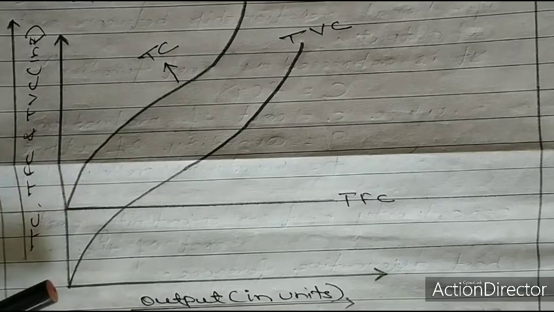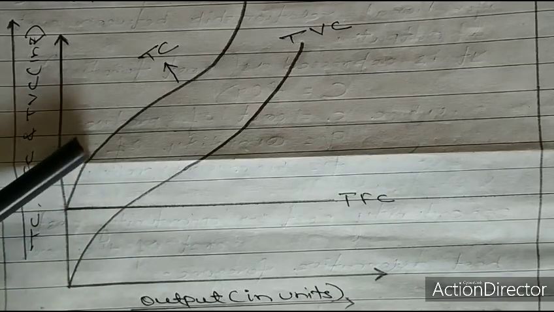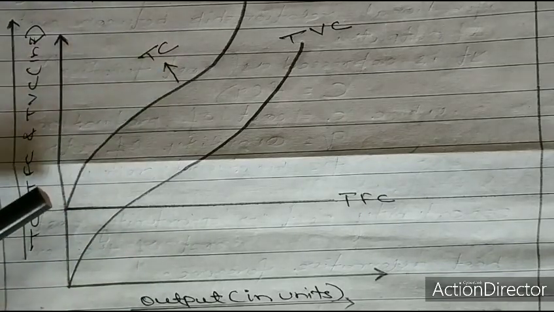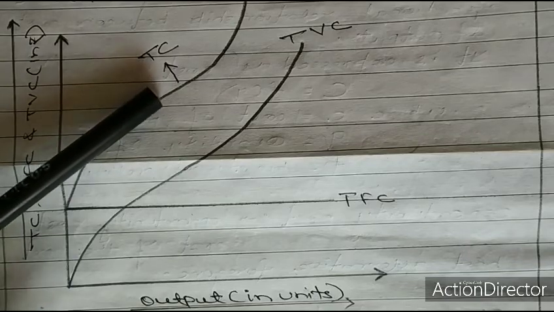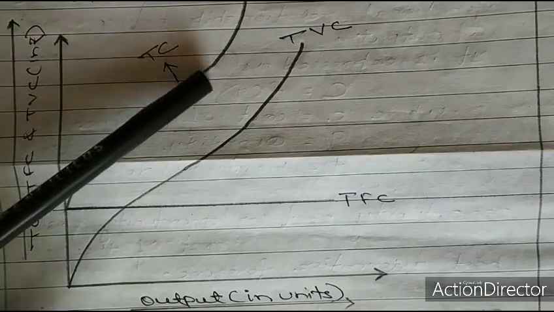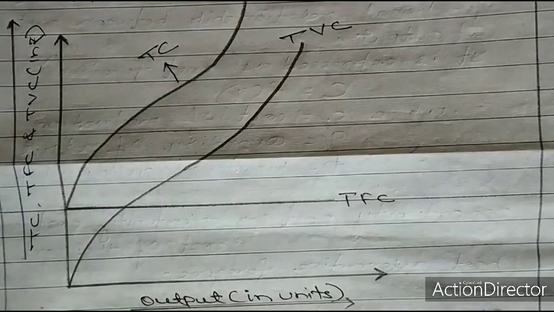As you increase the output level, total cost increases initially at a decreasing rate, and then it starts increasing at an increasing rate, the same property as we discussed in total variable cost. So this is total cost.